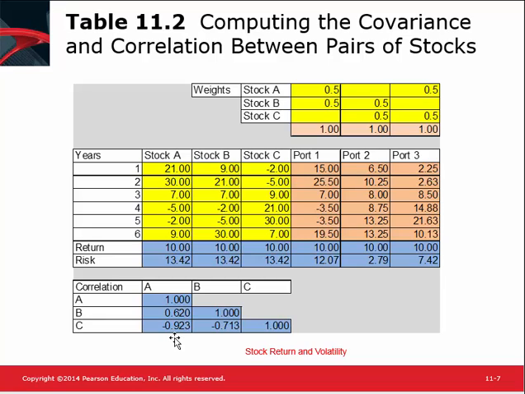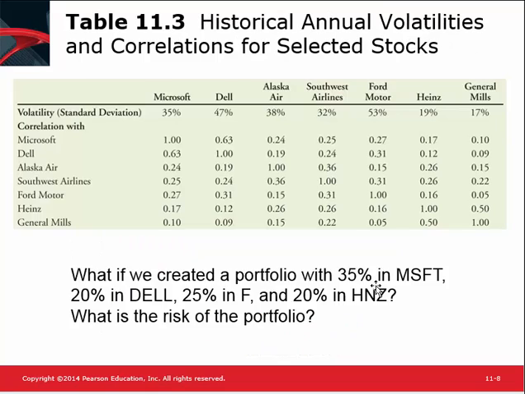So we're going to get an extreme amount of diversification. And of course, you can see it went from 13.42 for each asset down to 2.79. So there is a lot less risk in portfolio 2 than in any individual asset of the three or in either of the other portfolios that we're talking about.